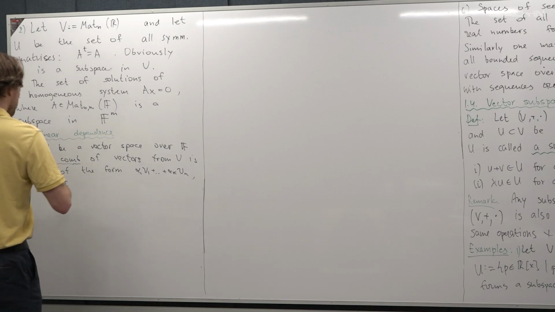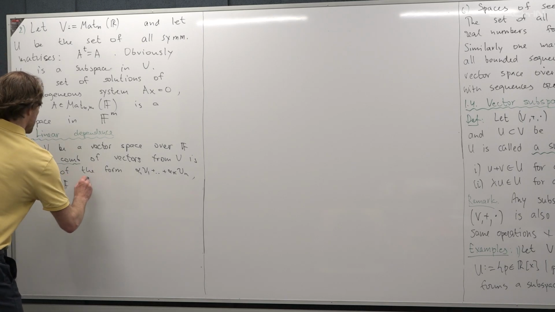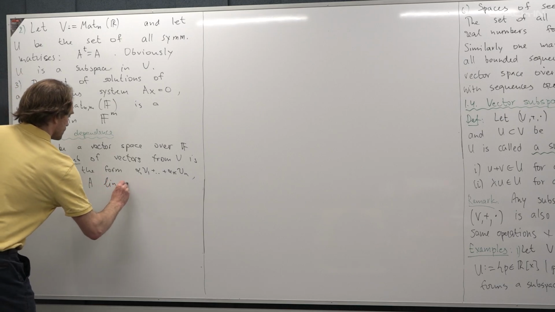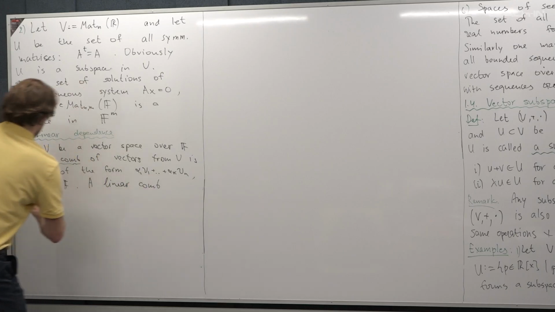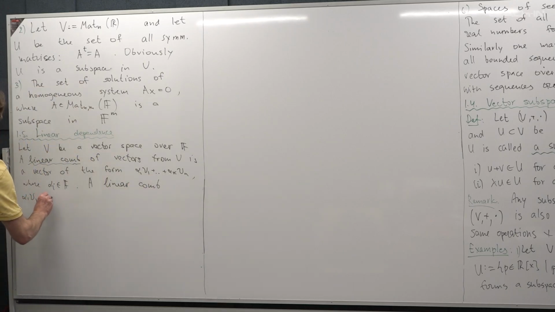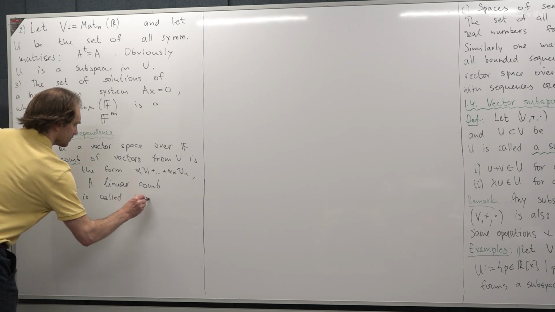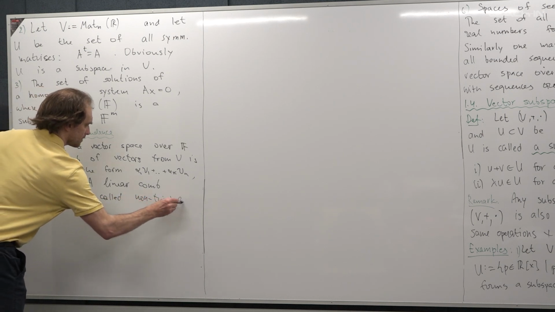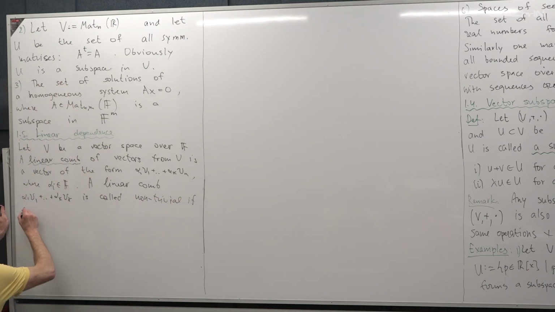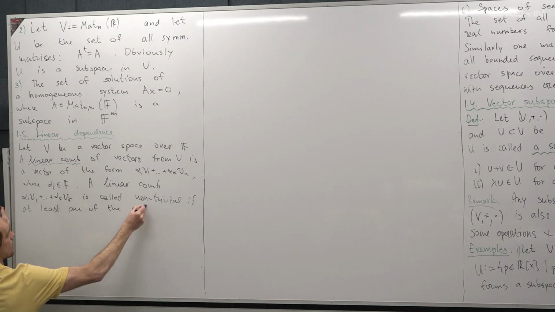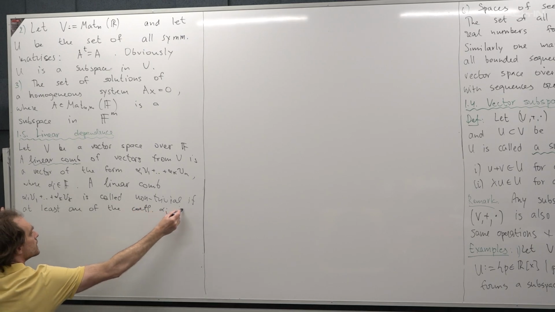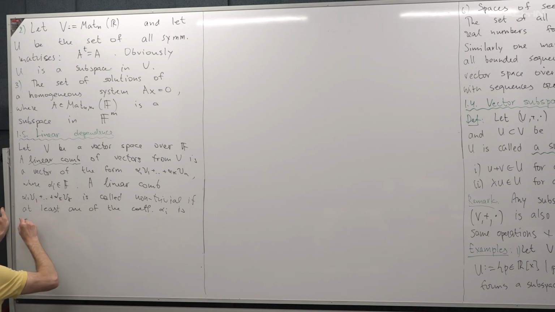So a linear combination alpha 1 multiplied by v1 plus etc. plus alpha k multiplied by vk is called non-trivial if at least one of the coefficients is not zero.